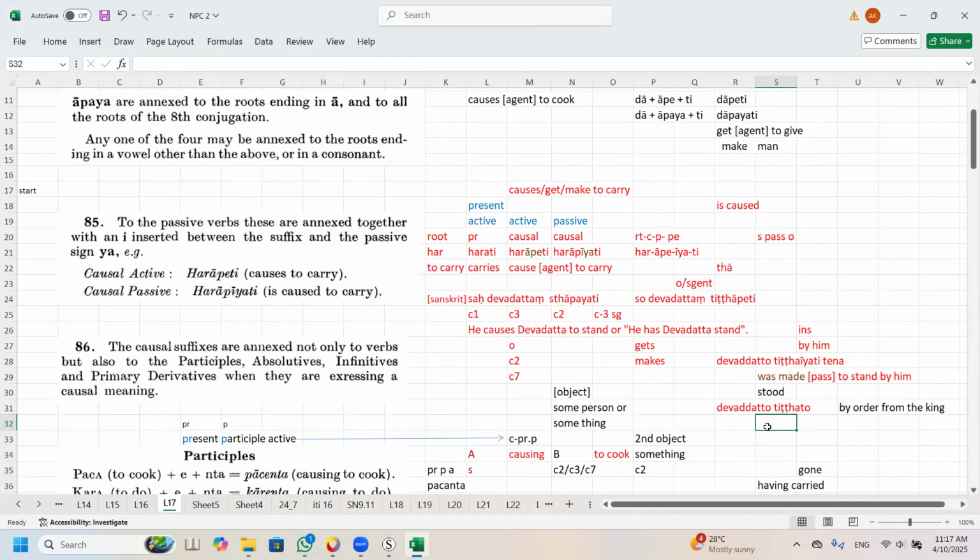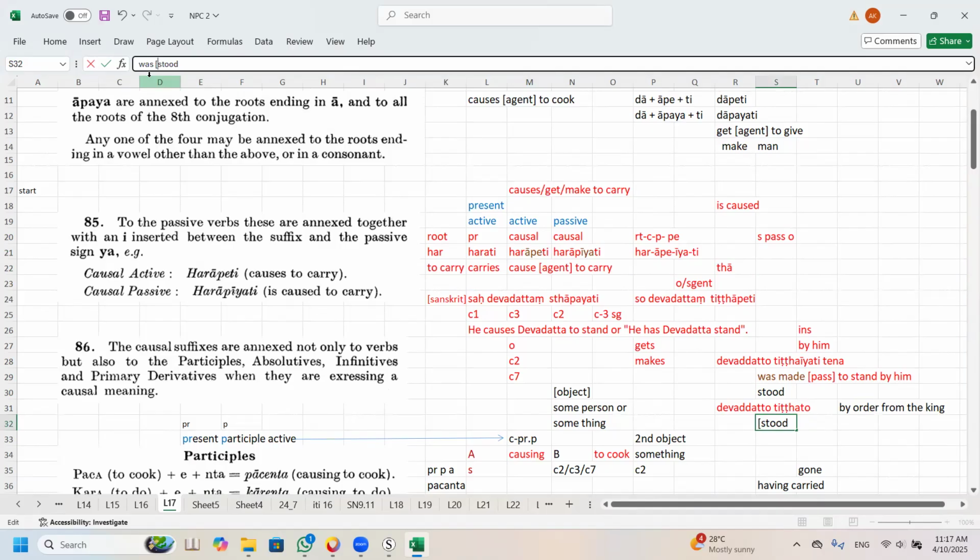Now, "was stood" is not a good example, but anyway, then you follow with "by", and that means order from the king. This is an extension, something like that. So in this case, you may want to put something else, because "was stood" is not going to work. You may want to add something like that.